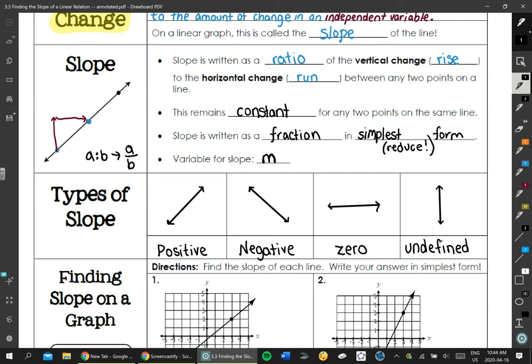So when we have a vertical line, there is no slope. It's undefined. We will do examples about using vertical lines in this lesson.